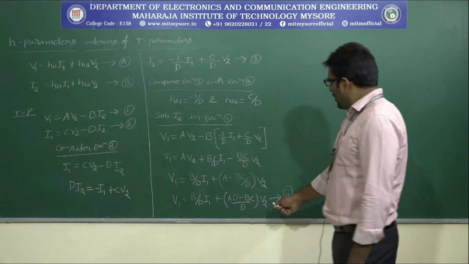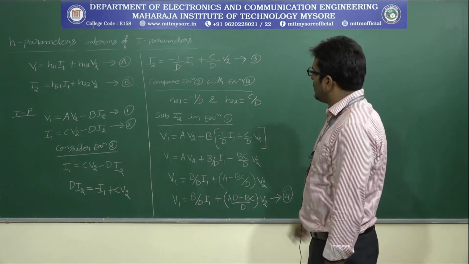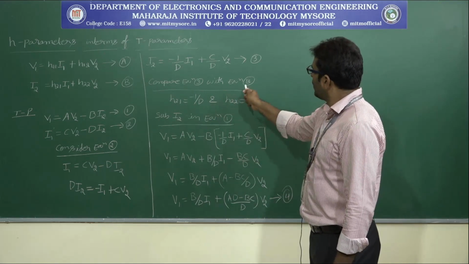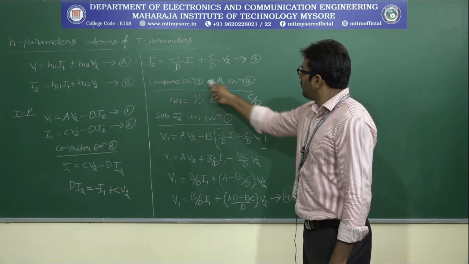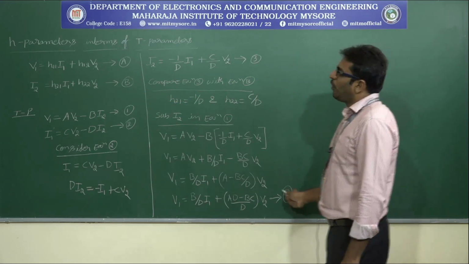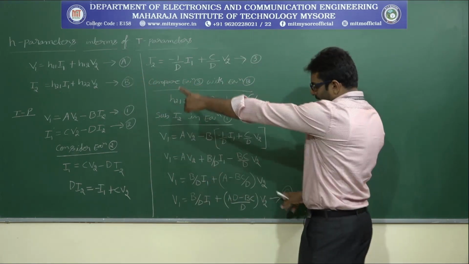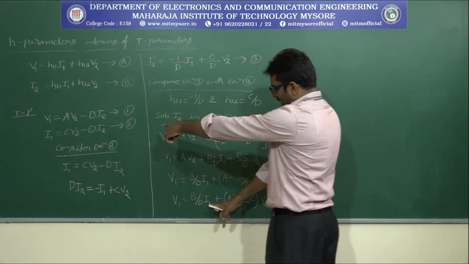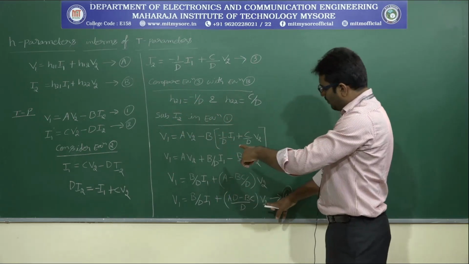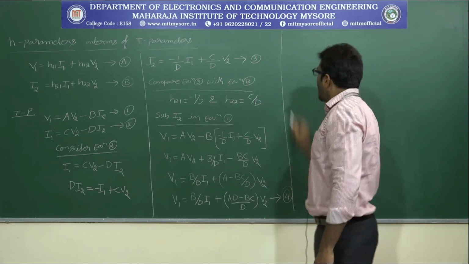Now we need to compare this equation 4 with A, because in equation 4 and A, V1 is the first variable, I1 the independent variable, and the next independent variable is V2.